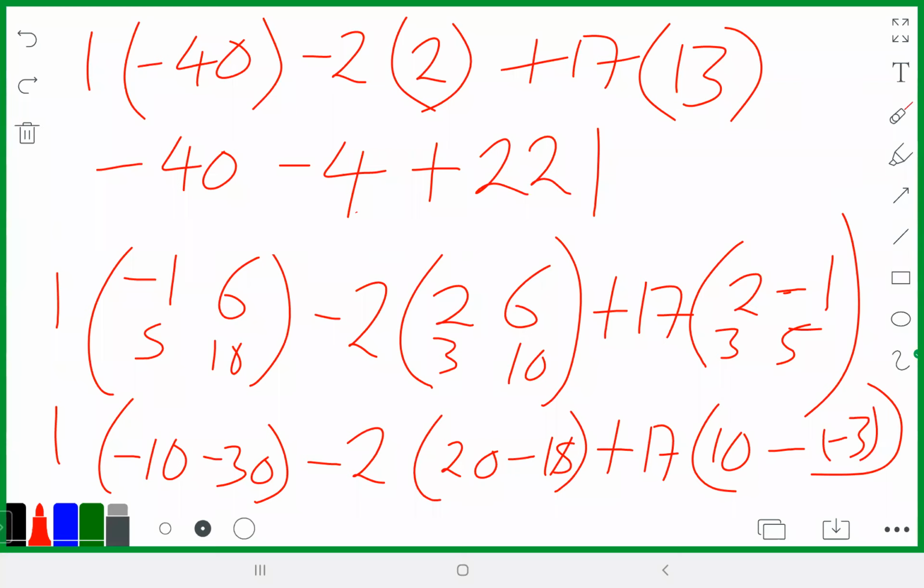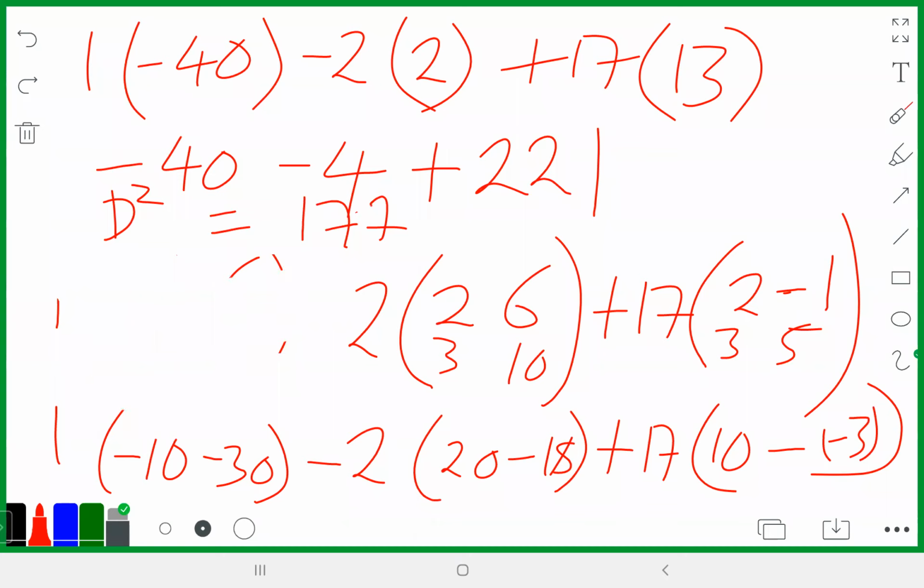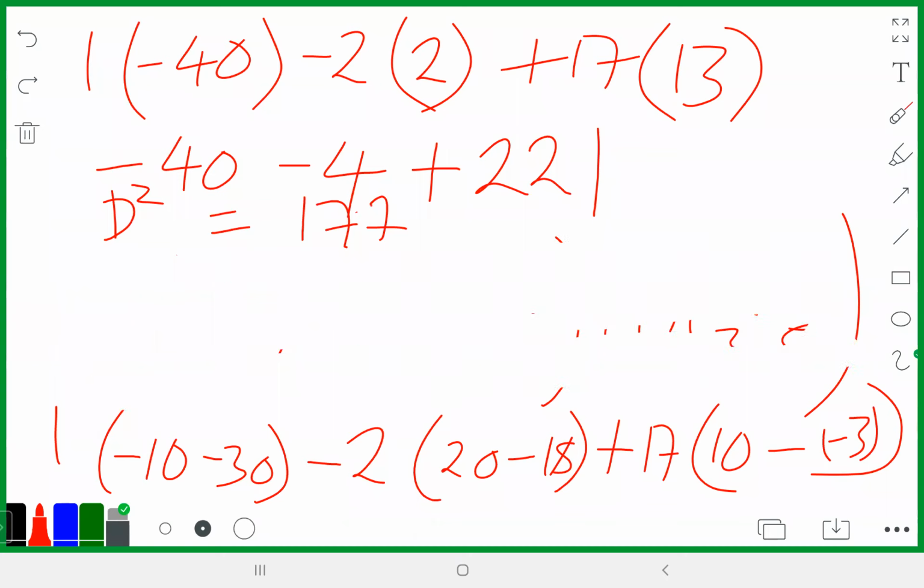It is 177. So you have 177 as the determinant of Z. So the Z is equal to 177, right? That's the determinant of the Z values, the Z variables.